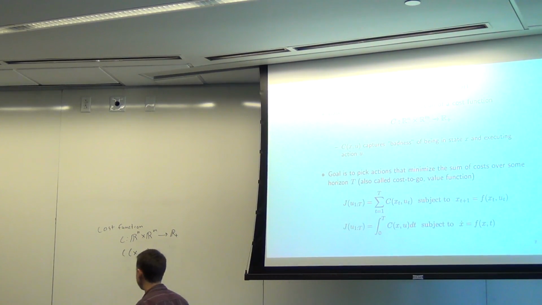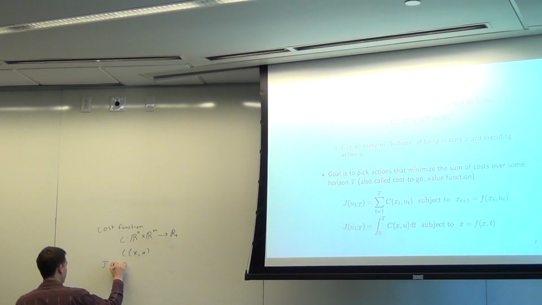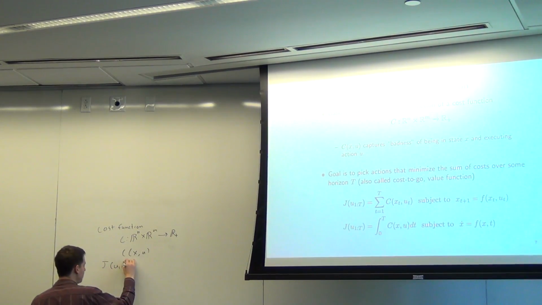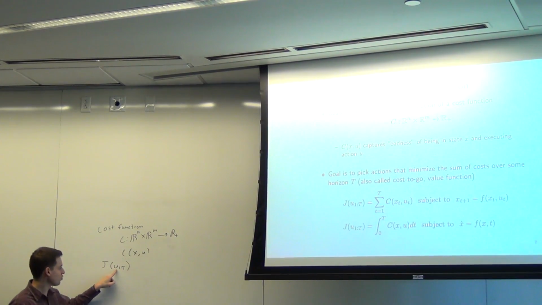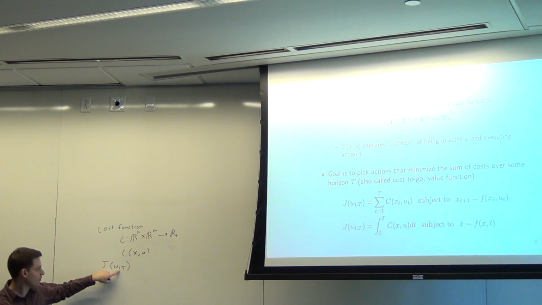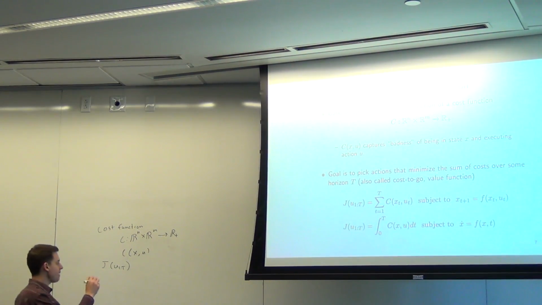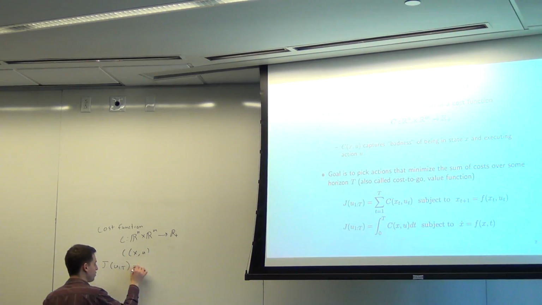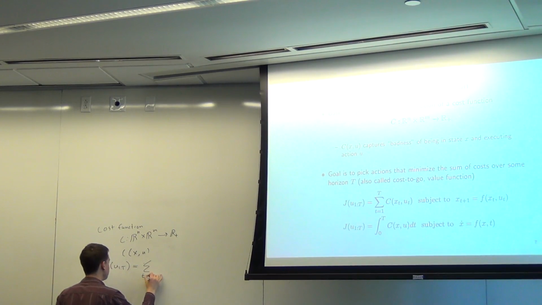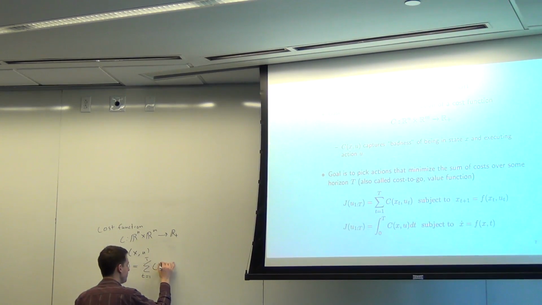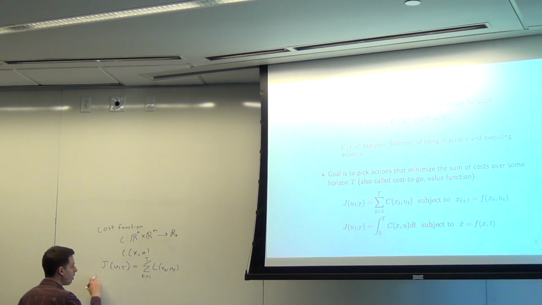I'm going to write this as J of u_1 to T. We pick controls from the first time until big time T in a way that minimizes this cost-to-go function, which is the sum from t equals 1 to T of C(x_t, u_t). So we minimize the sum of all these costs from time 1 to time T.